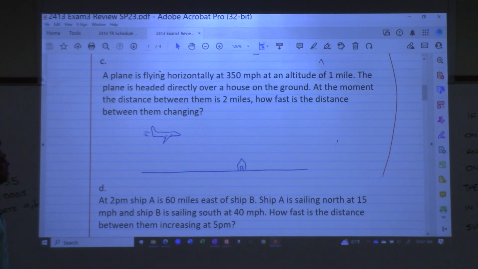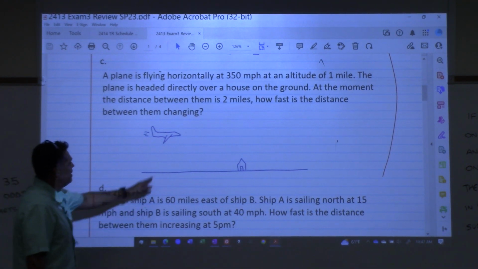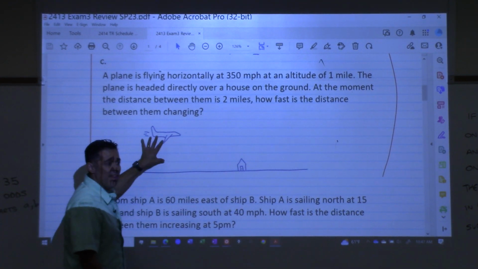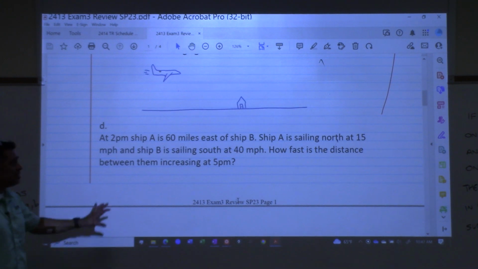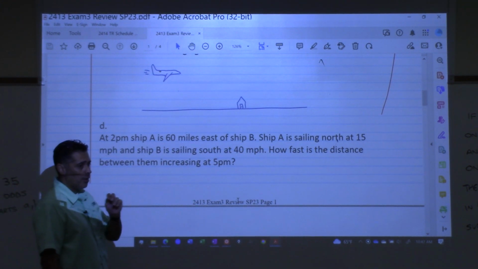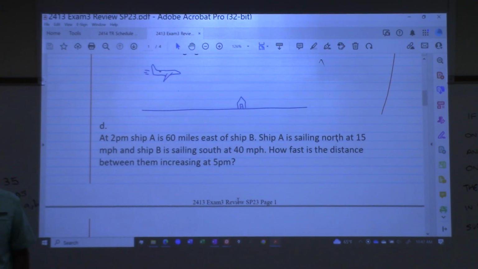This one was the plane, and you drew a triangle and used Pythagorean for this. And then that one was a homework problem. Nobody has asked me about that problem, so I never covered a problem like that in class. But that is a problem from the homework.